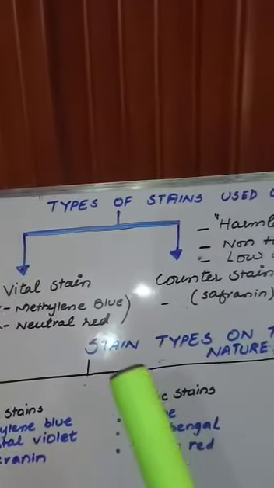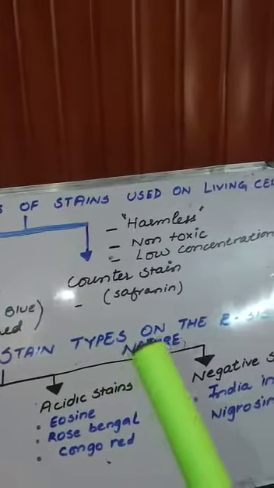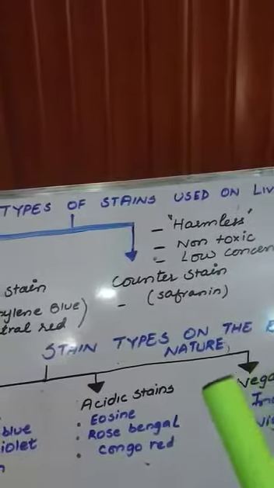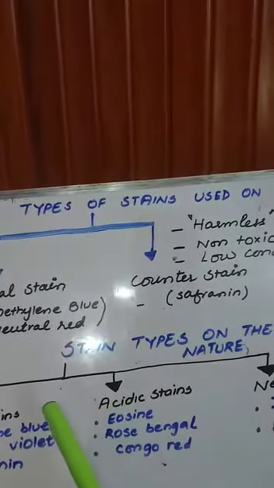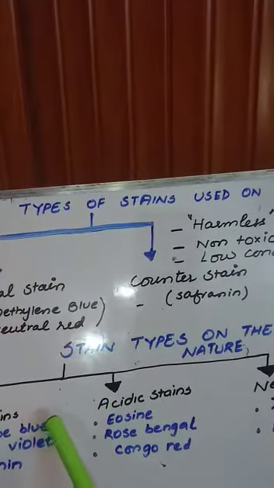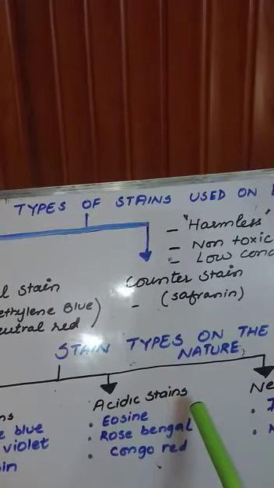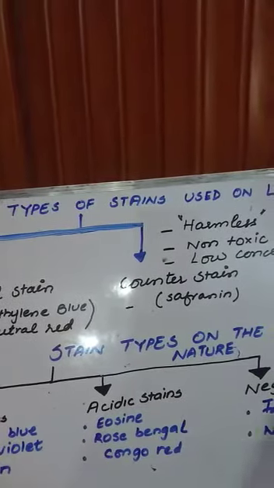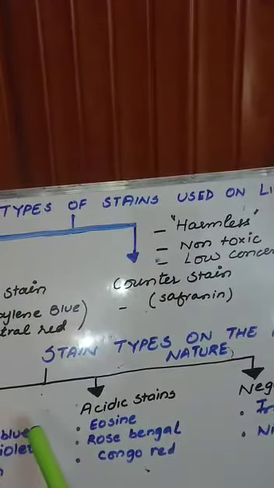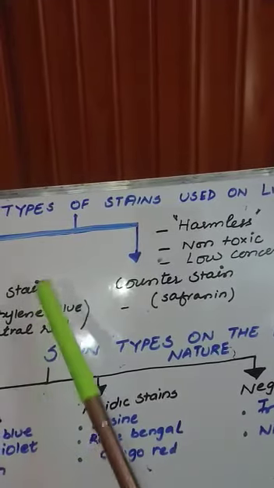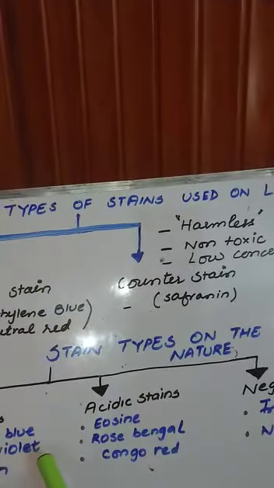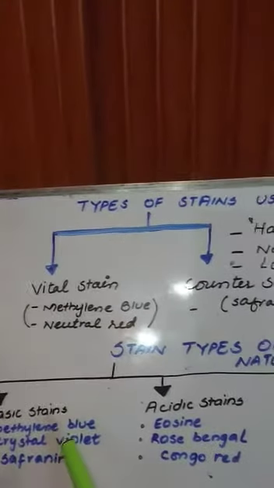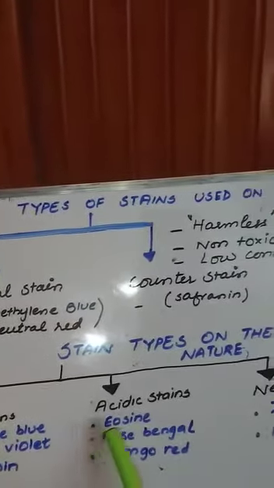Now girls, on the basis of the nature of the stain, we divide stains into three basic types. First is the basic stain, second is the acidic stain, and third is the negative stain. Basic stains include methylene blue, crystal violet dye, and safranin.